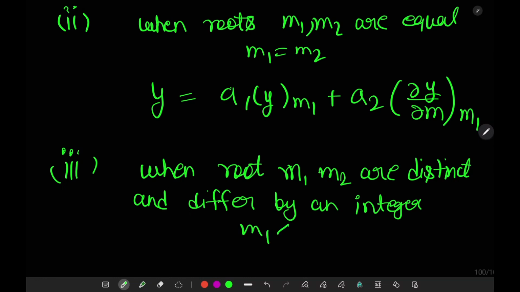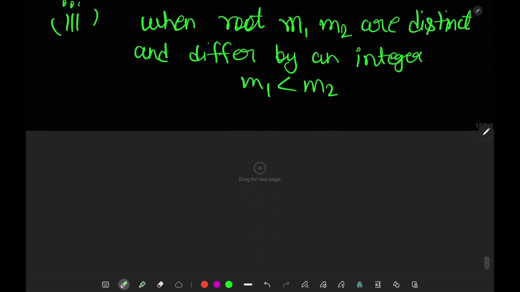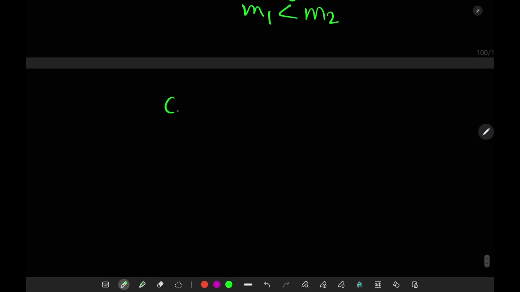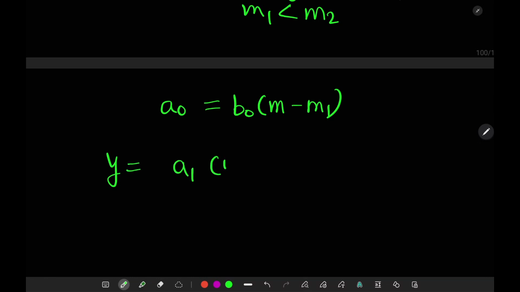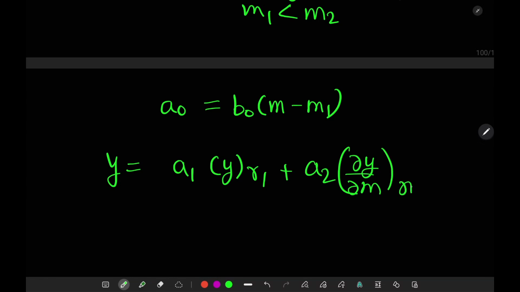For m1 less than m2, we use this condition: a naught is equal to b naught into m minus m1. So the solution becomes y is equal to a1 y m1 plus a2 del y over del m at m1.